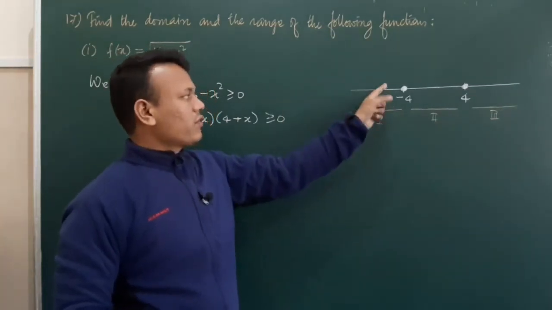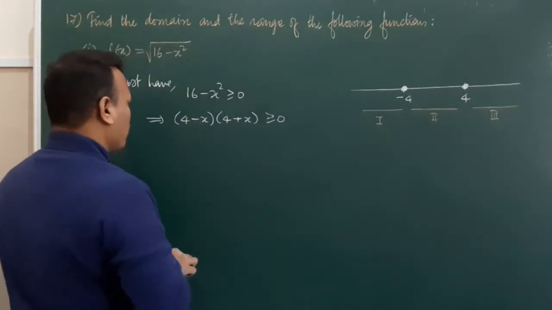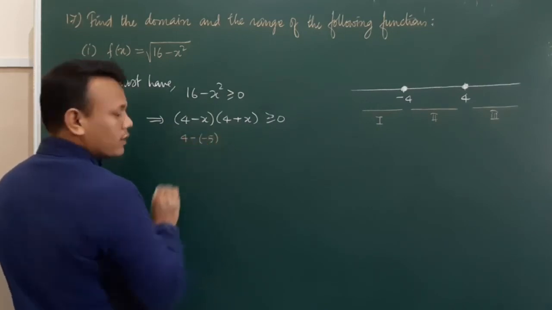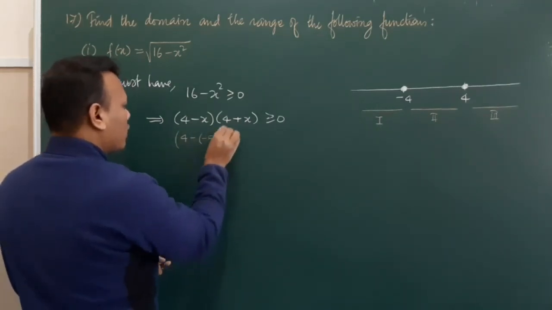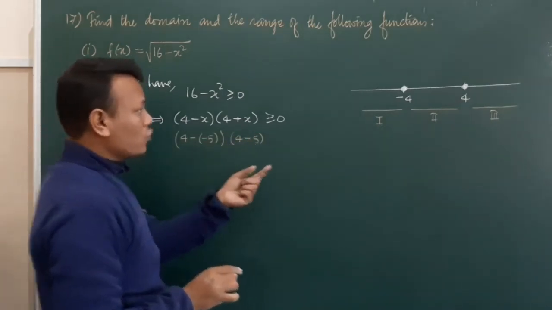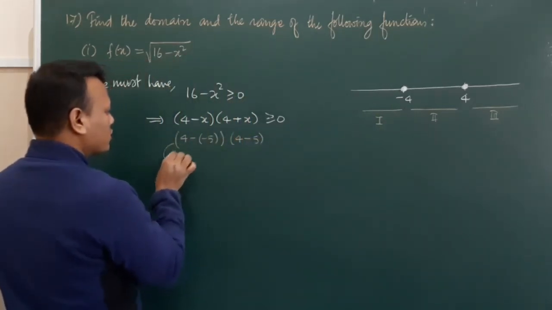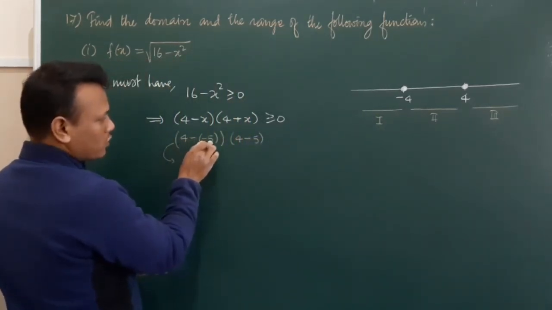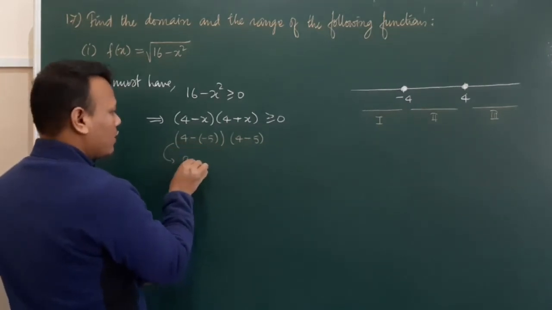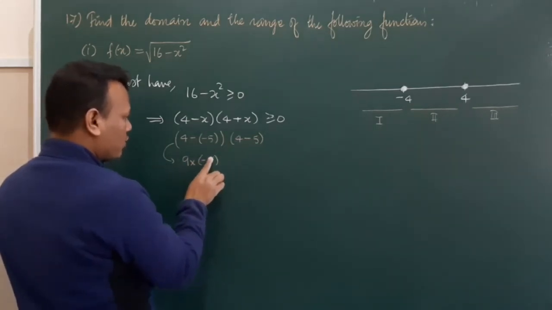For example, minus 5 lies over here, isn't it? So if x is minus 5, let's see what happens. This becomes 4 minus of minus 5, so 4 plus 5 is 9, into 4 plus x, which is minus 1.